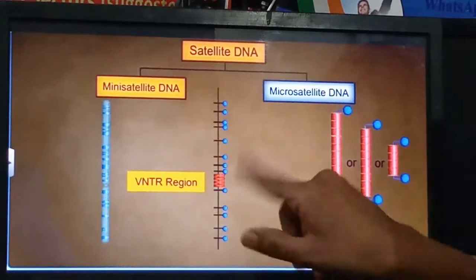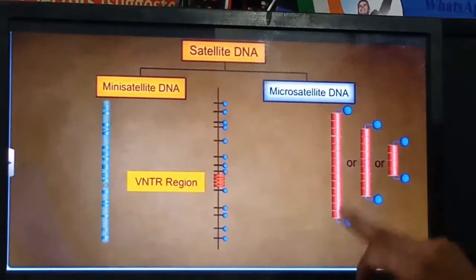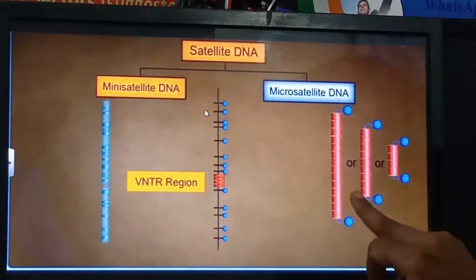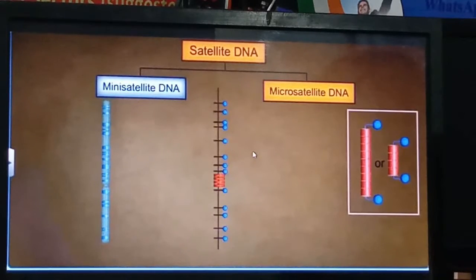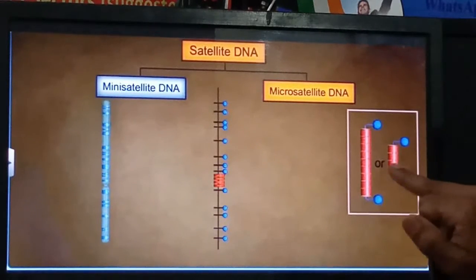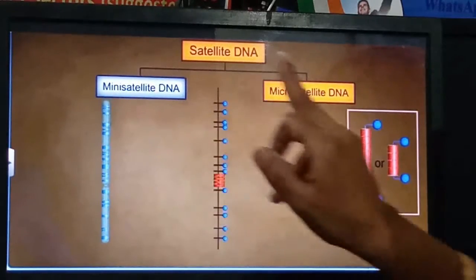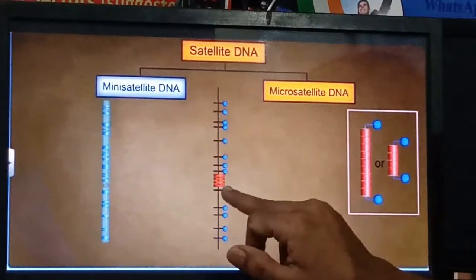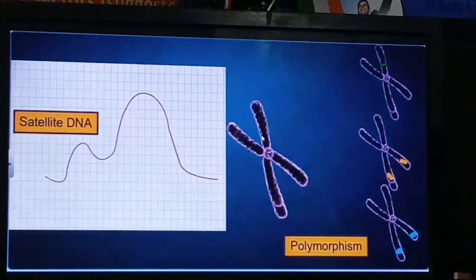That will vary in number, right? In a microsatellite it will be less in number, but in a minisatellite it will be more in number, right? So in this way minisatellites and microsatellites differ in the VNTR probes.